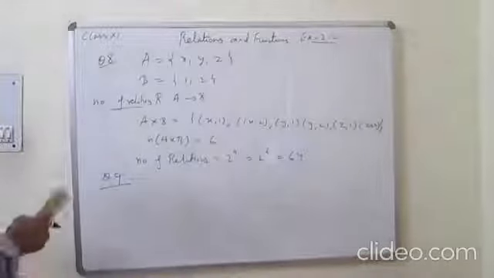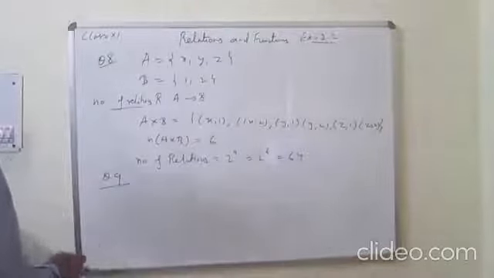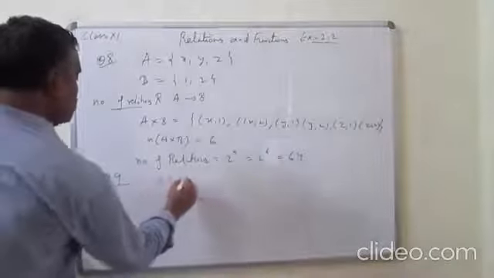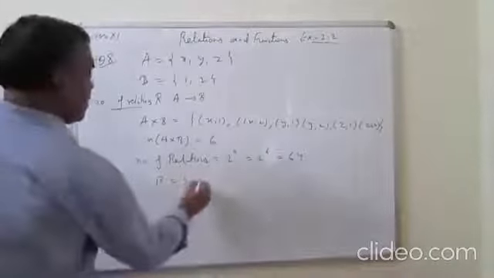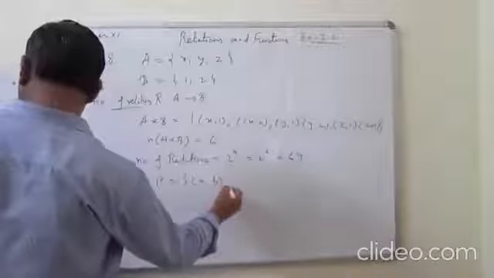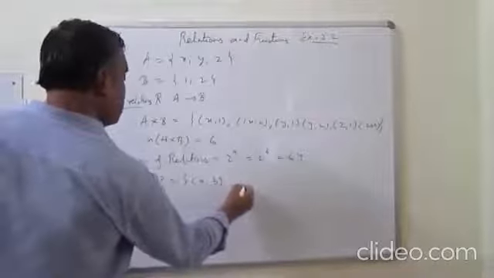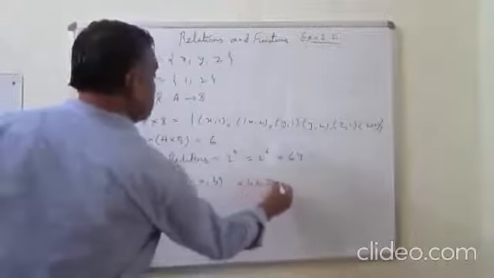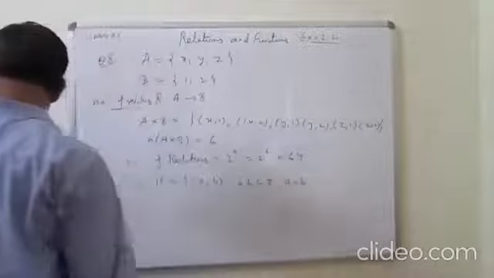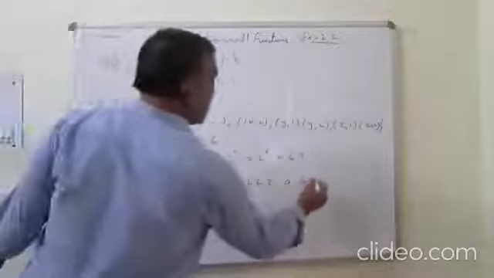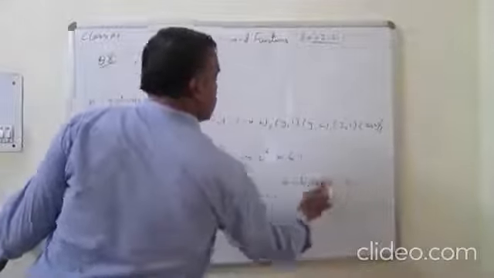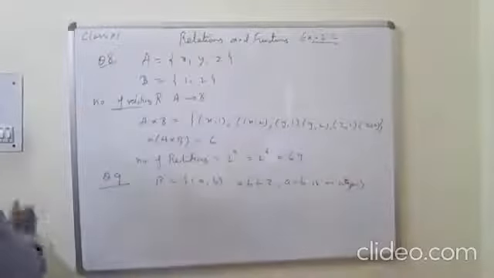See here, let R be a relation on Z defined by R = {(a, b) such that a, b belong to Z and a minus b is an integer}. It can be negative also, it is again an integer.